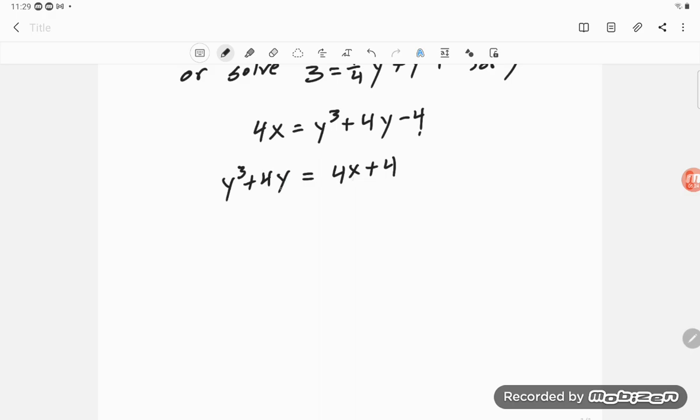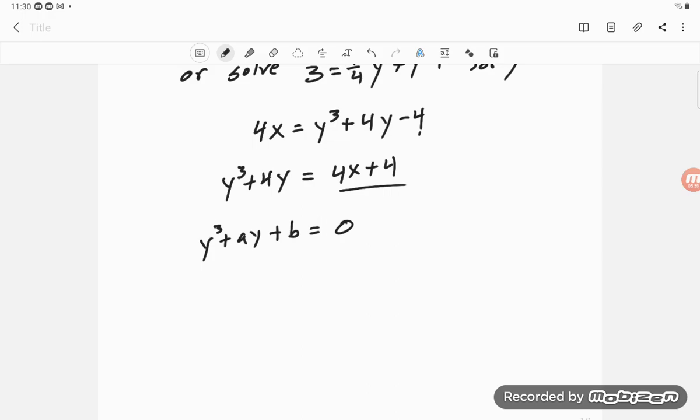Now, this is something that looks like y cubed plus a y plus b equals 0.